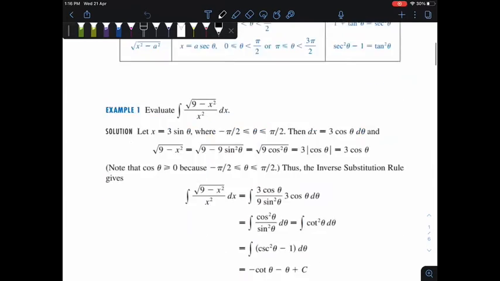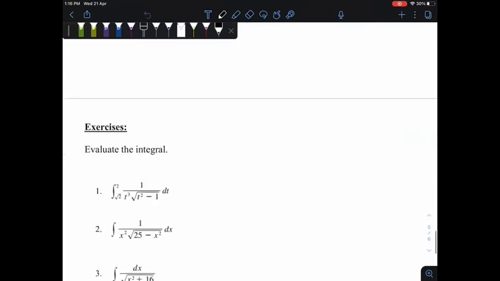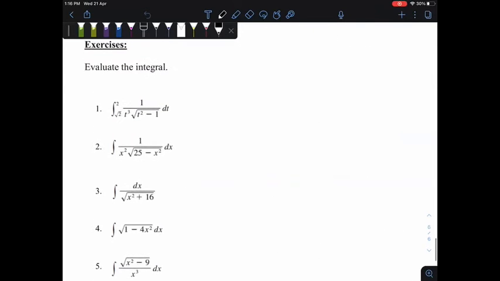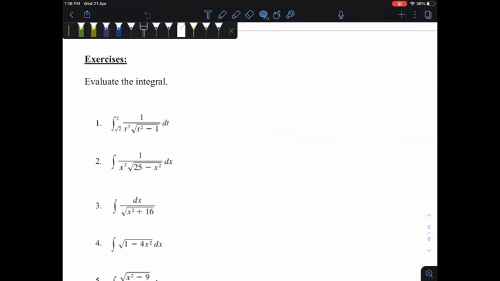Let's see this while solving a question by using a trigonometric substitution. Let's pick here the second question, number 2, and solve it.